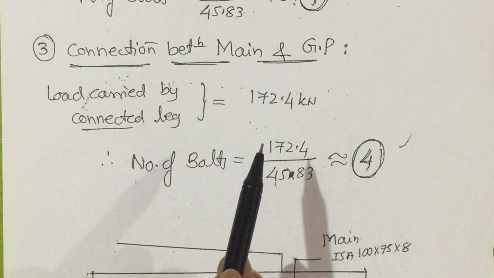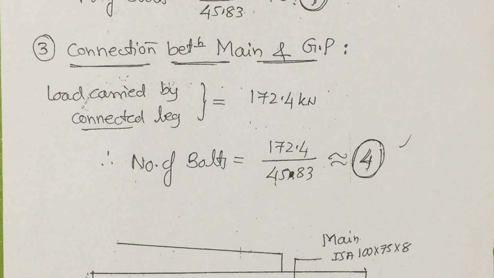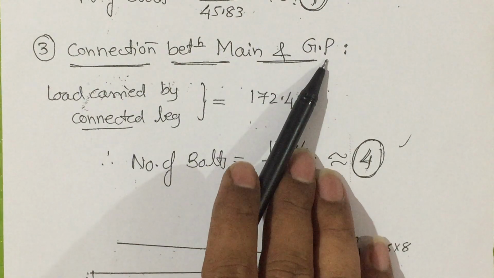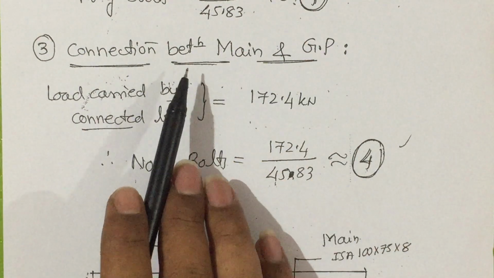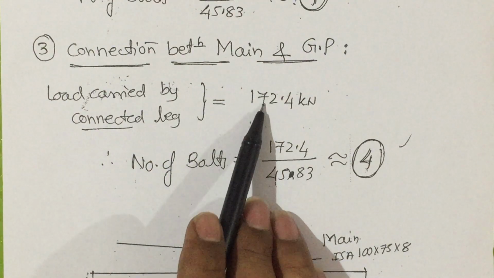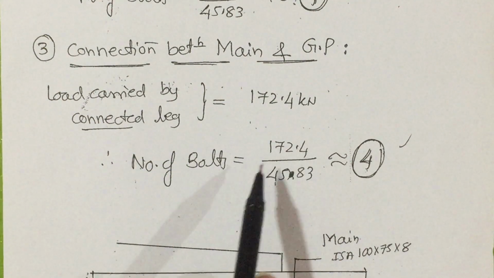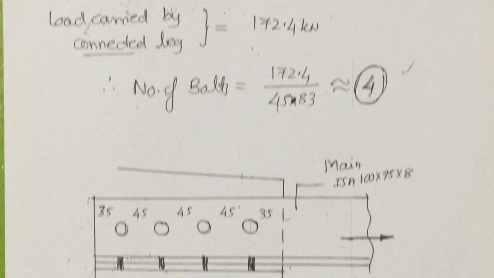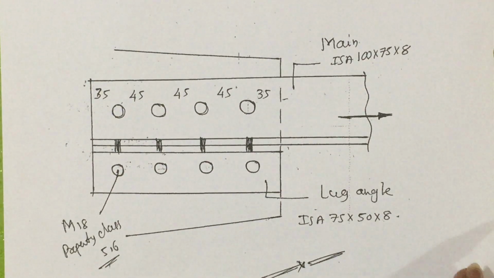The design specification is given only for lug angle to the gusset plate and lug angle to the main angle, not for any other case. So, here we did not come across lug angle, and we are going to take it directly. Therefore, number of bolts is equal to 172.4 divided by bolt value. You will get approximately 4 bolts.